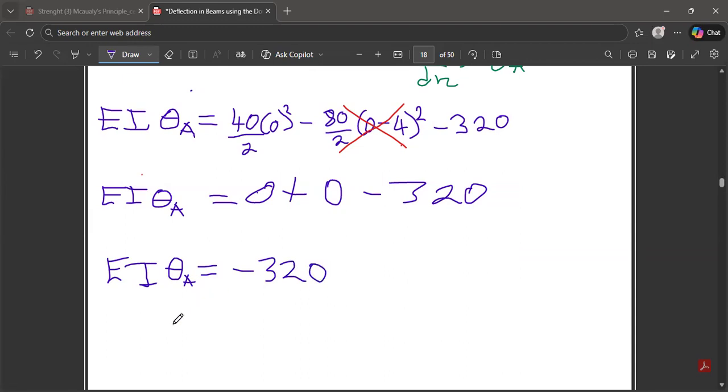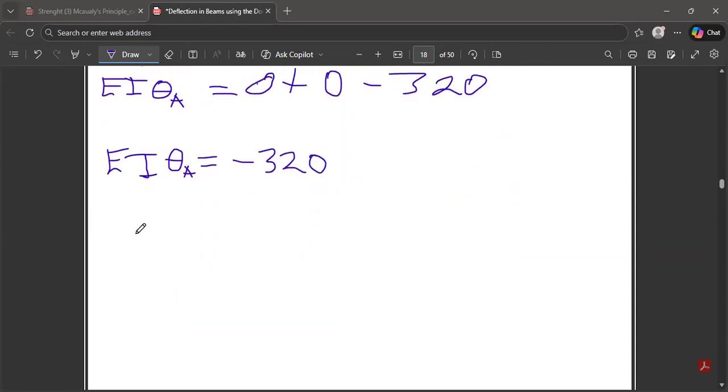Now when you finally make theta the subject, since that is what we are looking for, you realize that our answer is going to be minus 320 divided by the EI. Okay, good.